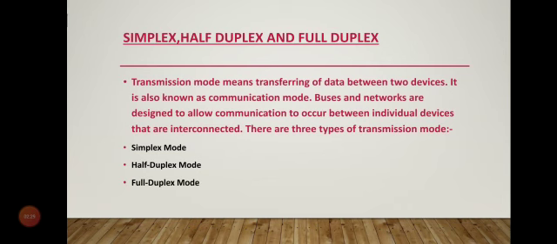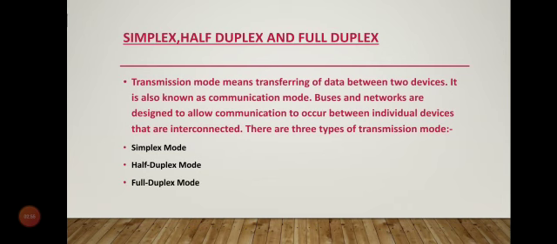Transmission mode means the transferring of data between two devices. It is also known as communication mode. Buses, you must know about the buses because you have already read about this in your previous classes. Buses are also communication channels and networks.